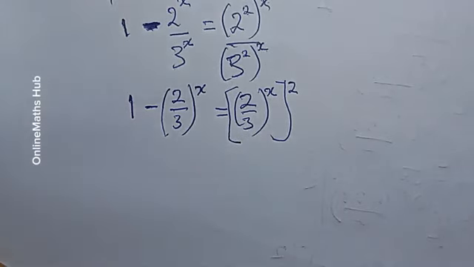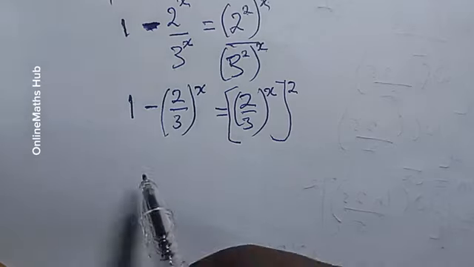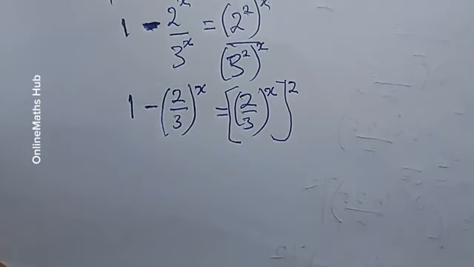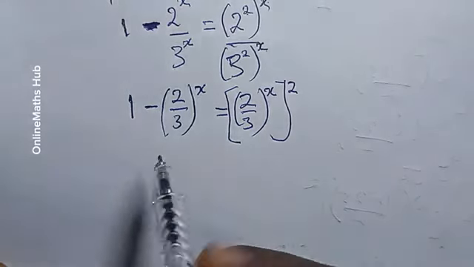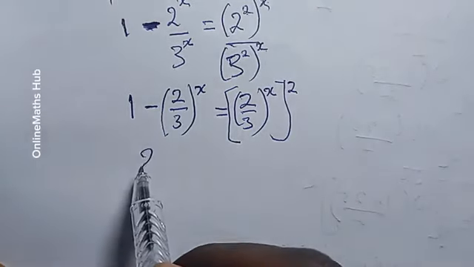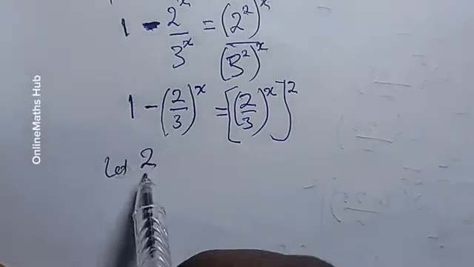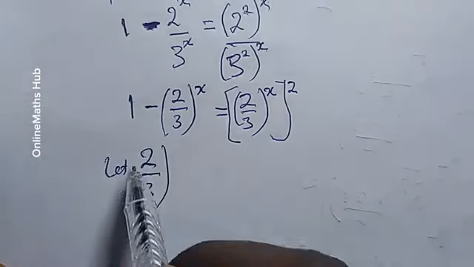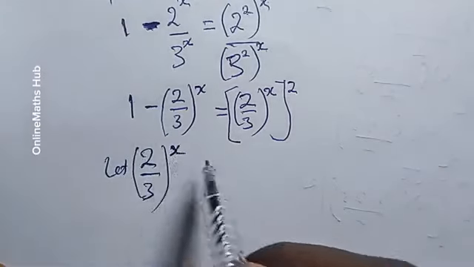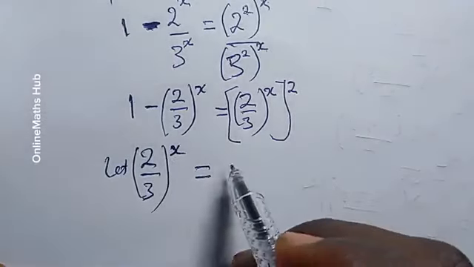So what I'm just going to do to make the solving more convenient for me is to set 2 divided by 3 power x to be equal to another variable.